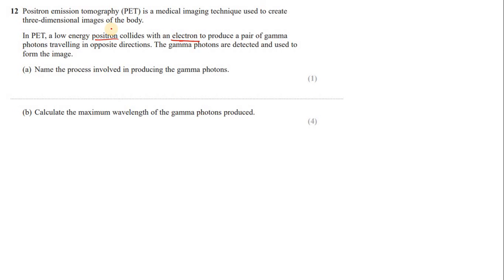Remember the term: particle and antiparticle colliding and producing gamma rays or photons or energy, traveling in opposite directions. The gamma photons are detected and used to form the images. Now name the process involved. So when particle and antiparticle collide, creating energy, photons, gamma rays, this is called annihilation.